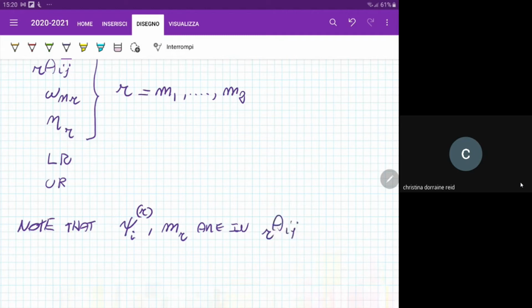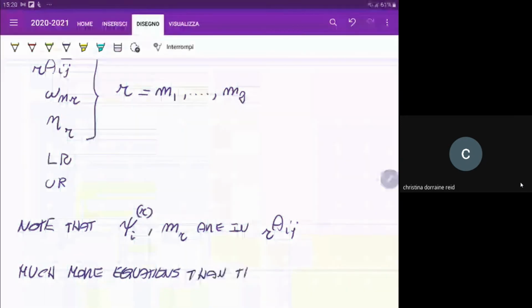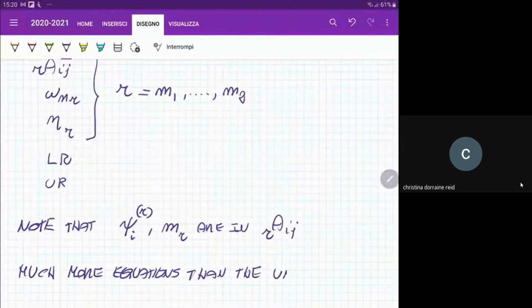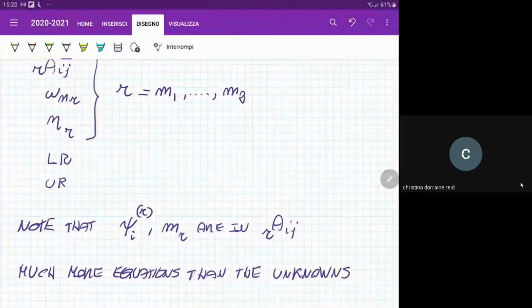That is, what we are having are many more equations than the unknowns, in general, of course.